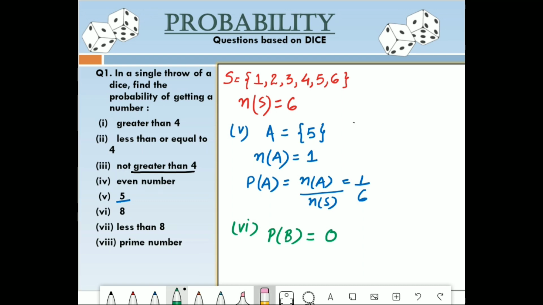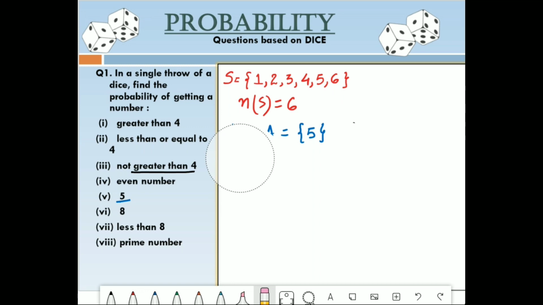Okay, now we will move to our seventh part. Seventh part, a number less than 8. Okay, in this case, we have all the numbers 1, 2, 3, 4, 5 and 6.